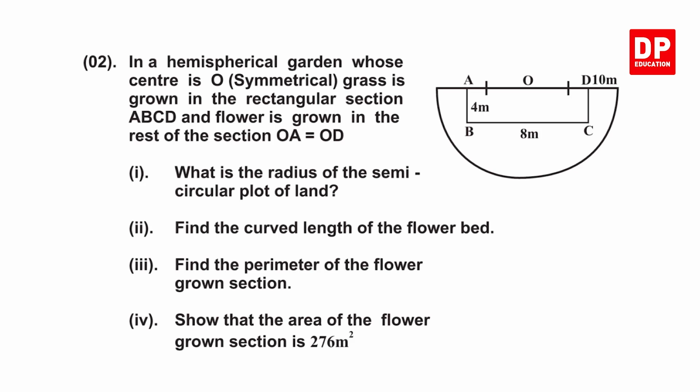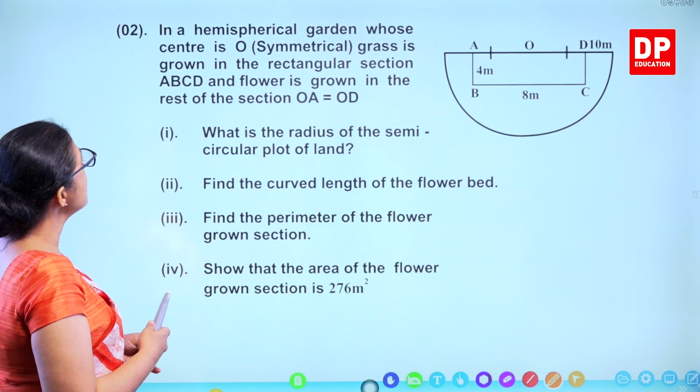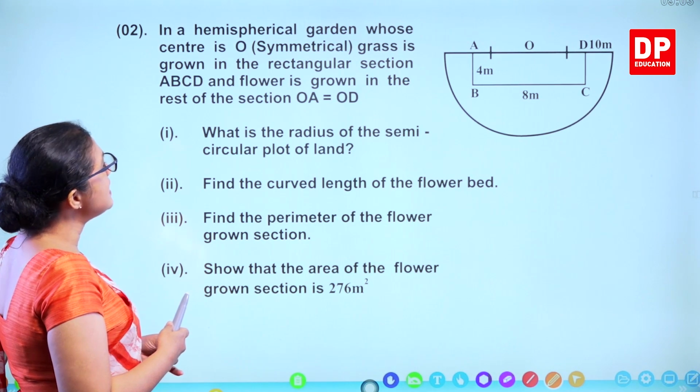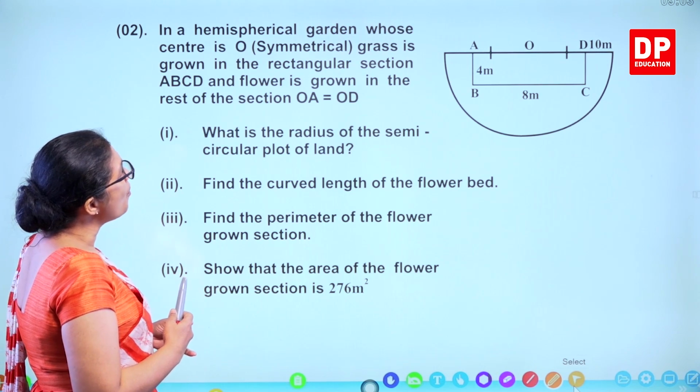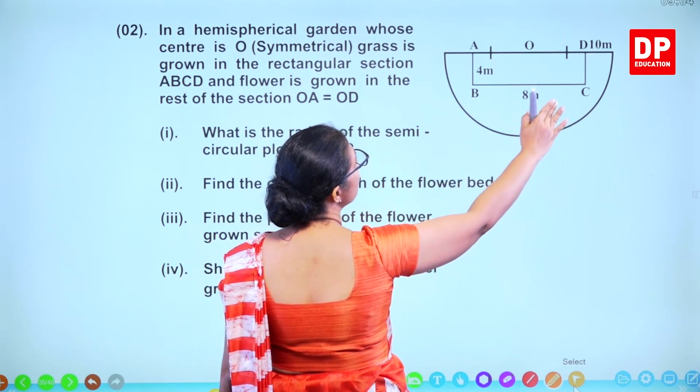Now we'll look at question number 2. In a hemispherical garden whose center is O, symmetrical grass is grown in the rectangular section ABCD and flower is grown in the rest of the section. So this part, flower.